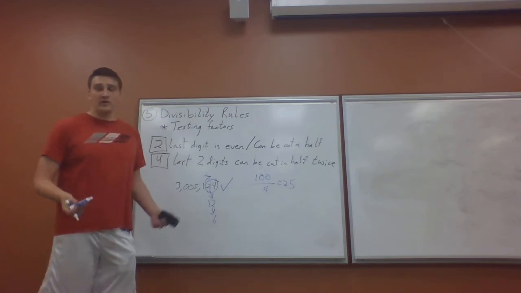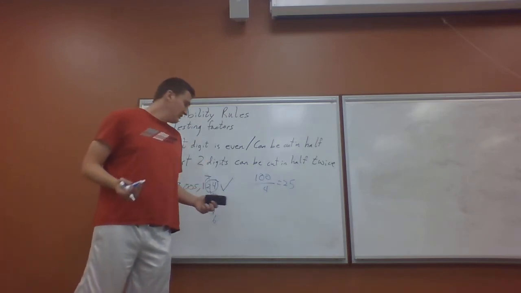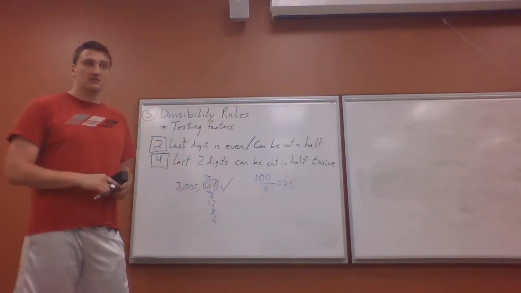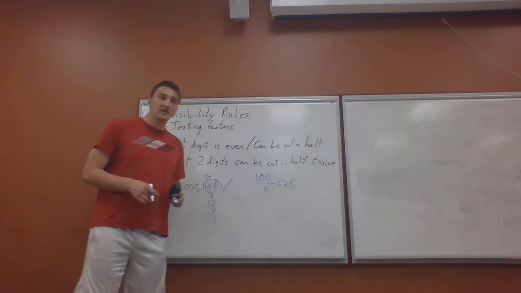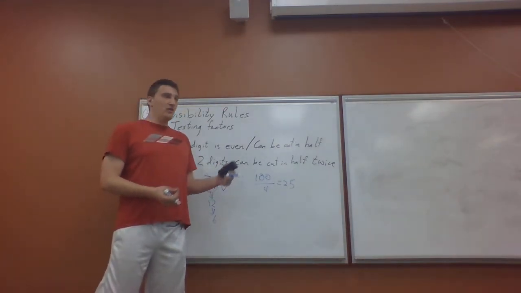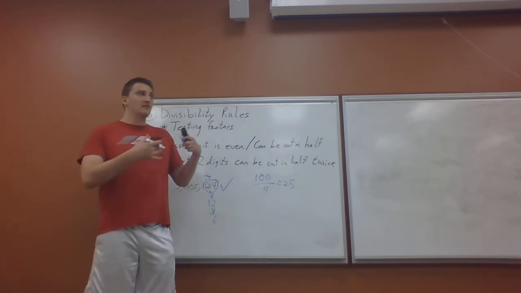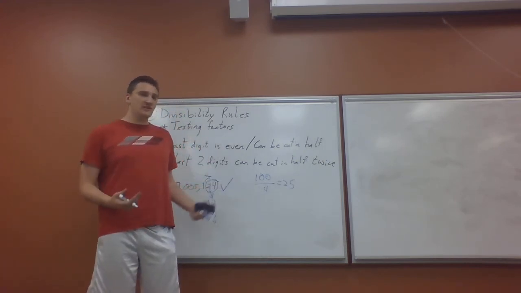Because if it goes into 100, it'll go into 200. And then if it goes into 200, it'll go into 300. So it'll go into 1,000, because 1,000 is just 10 groups of 100. And 10,000 is some other number of groups of 100. And I know 100 goes in evenly into 10,000, and 100 goes in evenly into 100,000. That means 100 goes in evenly into 3 million.